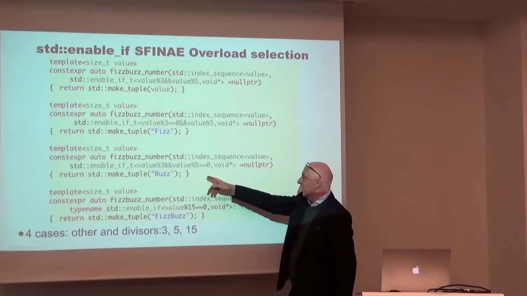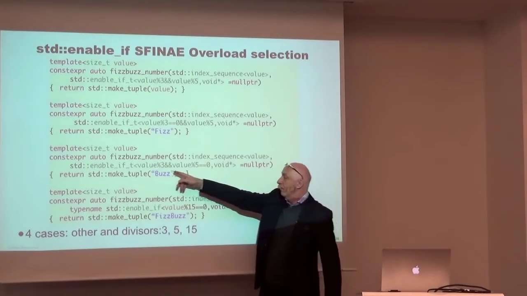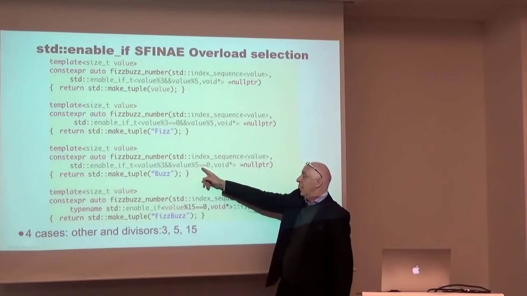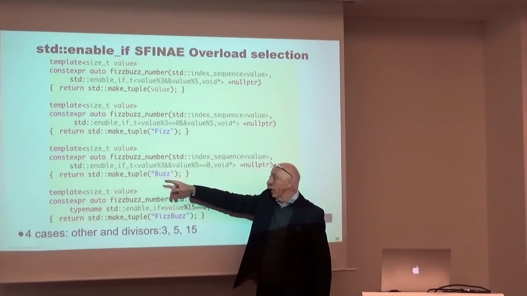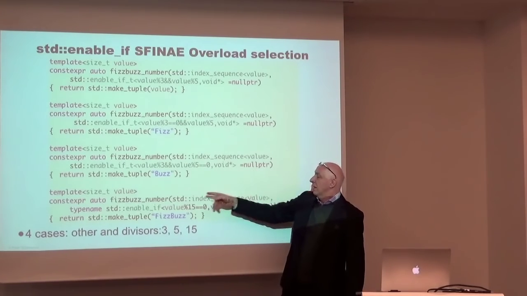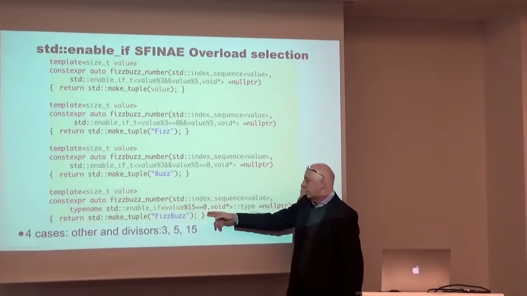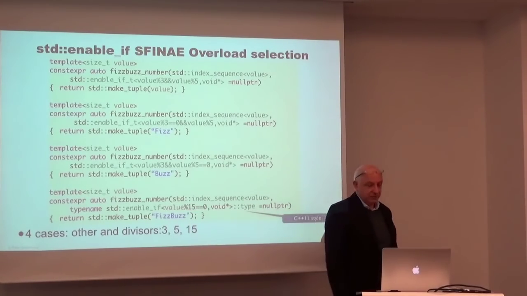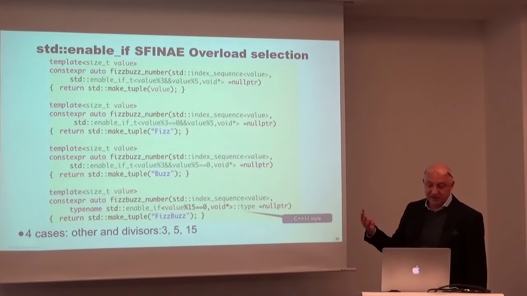And you might see the pattern. If value is not divisible by 3, so we get a remainder, but divisible by 5, we get a buzz. And if it's divisible by 15, we get a fizz buzz. So we have 4 cases: the number, fizz, buzz, and fizz buzz.